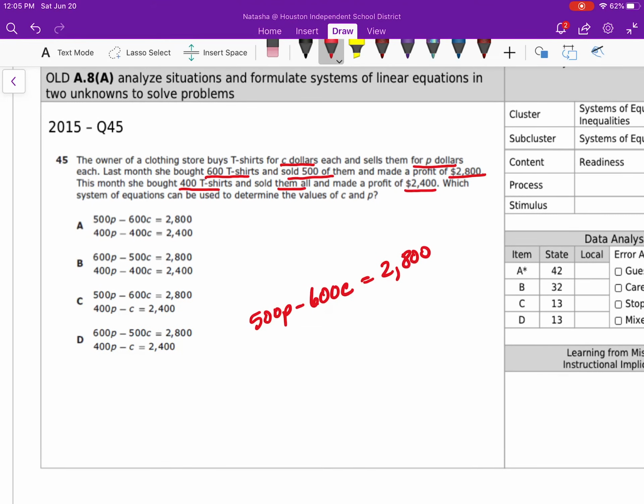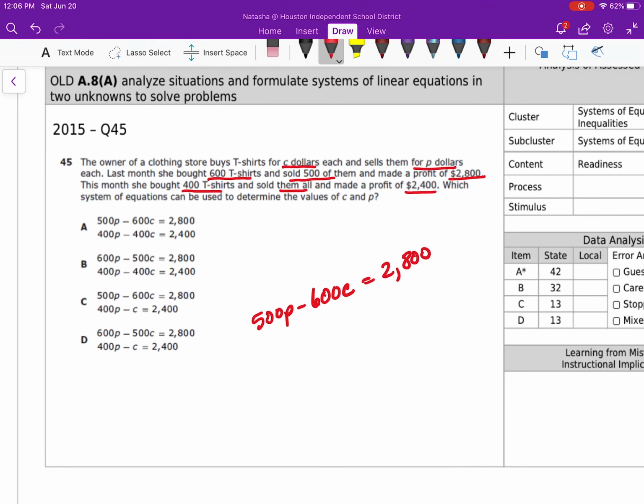Setting up our equation like this in our system, we can find out how many t-shirts she bought and how many she sold as well. Then, let's see which one matches. Okay, that matches here. B does not match. C matches. So we've eliminated B and we've eliminated D.